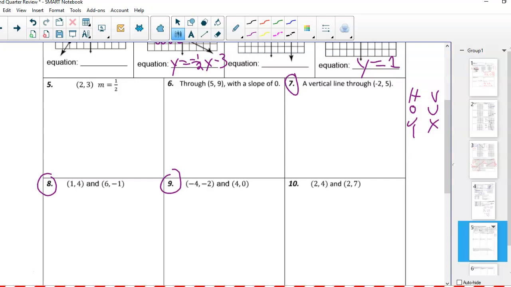X equals. What does x equal? Negative 2, because you're given that point. 7 is going to be very much the same way. You have to remember what type of line will give you a slope of 0, find which type of equation that would be, and then figure out which one it is.